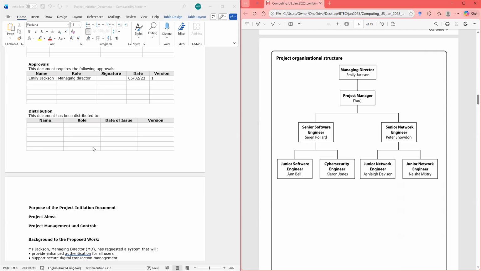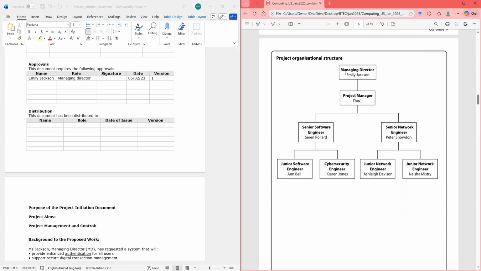You're going to use the PID as a guide for everybody so they know what the project requires, what their task is, what the whole objectives and aim of the project are, so they have an understanding of what the project is all about so we can get good quality. And that's how you look at it when you're doing the distribution for the project.